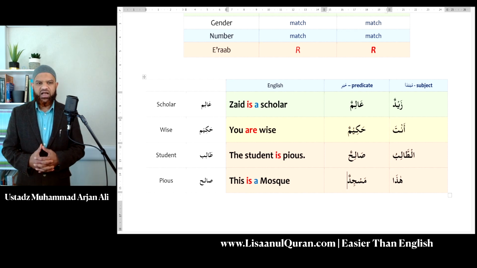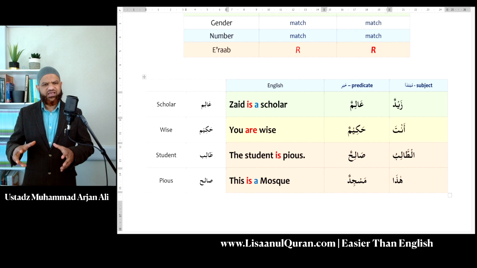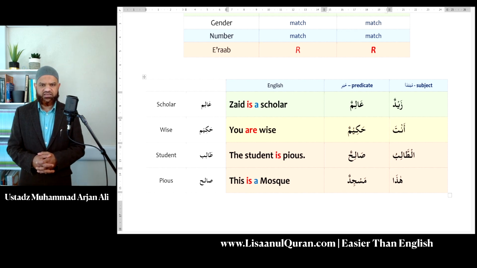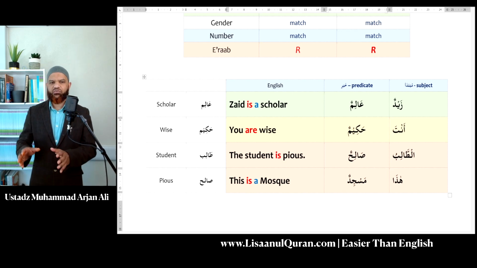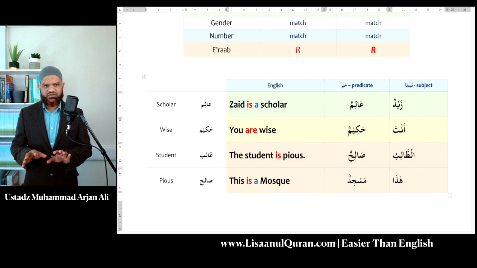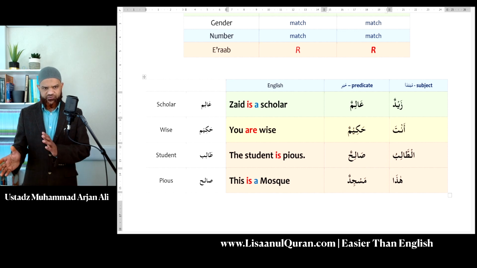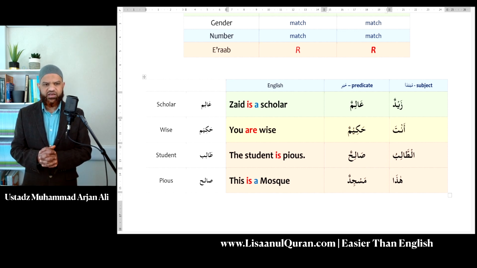Masjidun. Hada masjidun. This is a mosque. Now, I hope you can see how easy it is to form Arabic sentences. You don't have to worry about is, or a, or an. These are all based upon the beauty of the English language, which you should know, and you can translate back and forth. So these are the basic rules of forming Jumla Ismiya in the Arabic language.